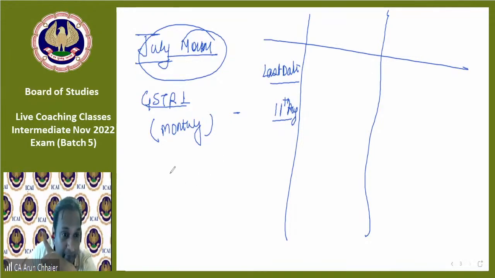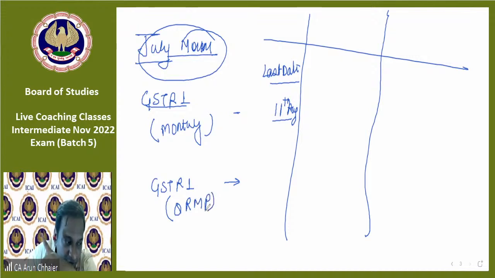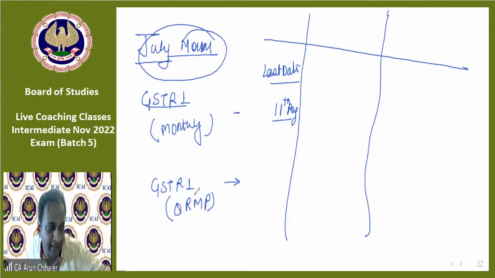Now tell me, if I have opted for QRMP, then what is the due date for the GSTR1 for July?